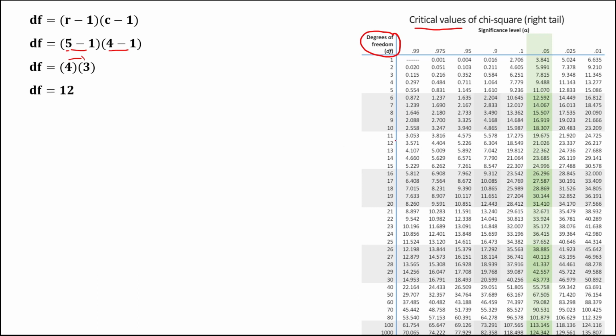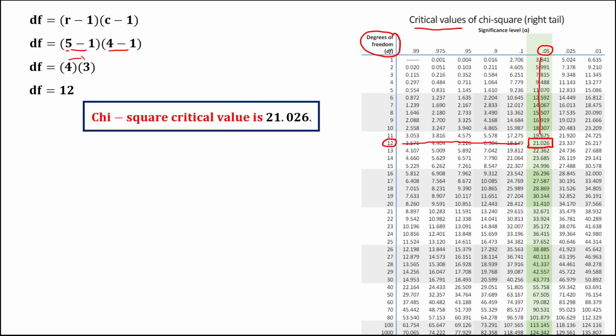So we have now 12 for the degrees of freedom and 0.05. So we have the table value. The table value is 21.026.